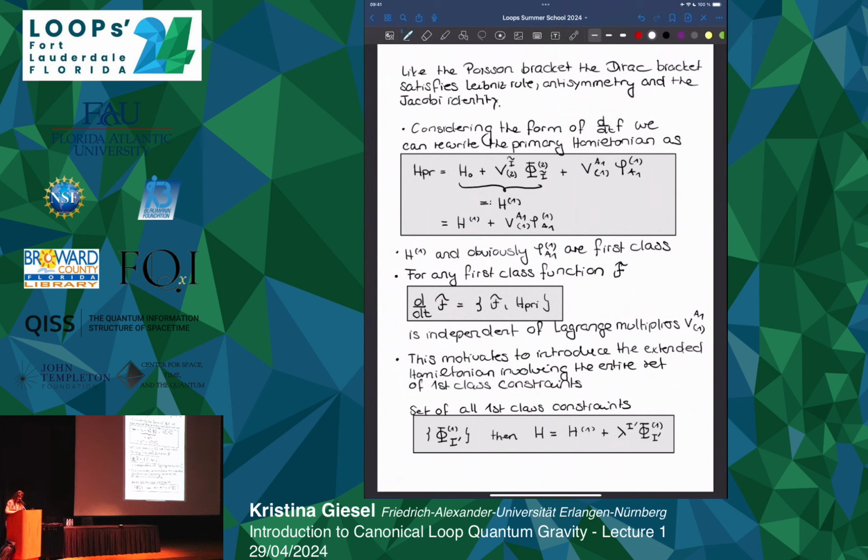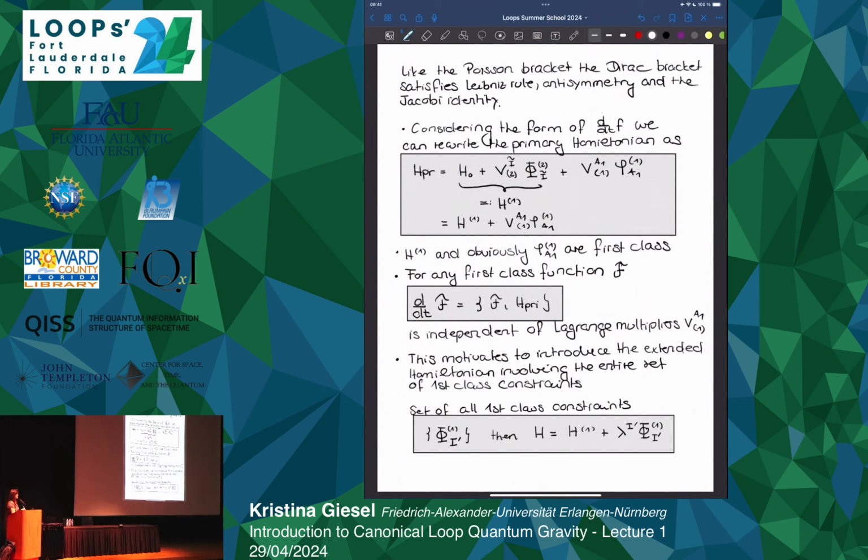And now I will basically come back to the question that was asked before. So now if we have a first-class function, we know it will commute with all first-class constraints, which means with all constraints which have a label 1. And as far as we discussed, the primary Hamiltonian only included the primary first-class constraints.